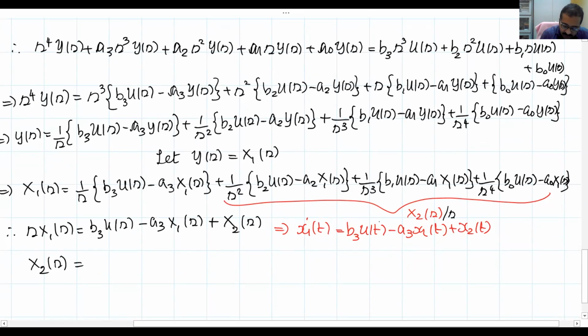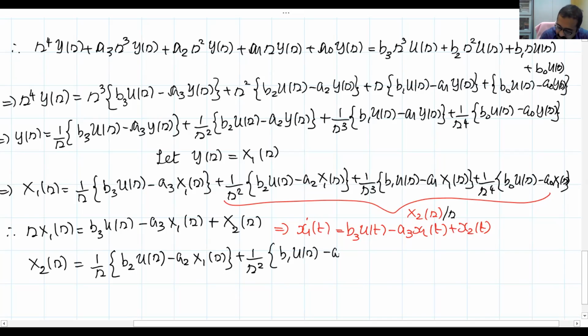So what will be x2 of s? x2 of s will be equal to 1 by s into b2 u of s minus a2 x1 of s plus 1 by s square into b1 u of s minus a1 x1 of s plus 1 by s cube into b naught u of s minus a naught x1 of s.